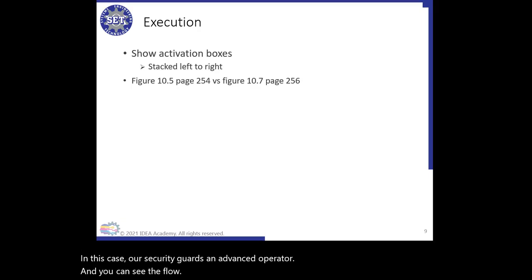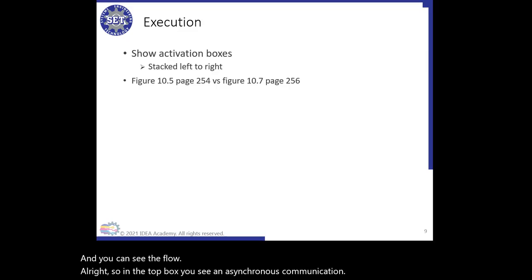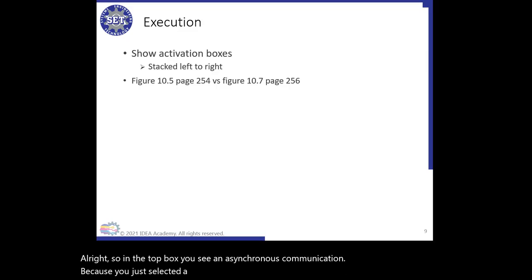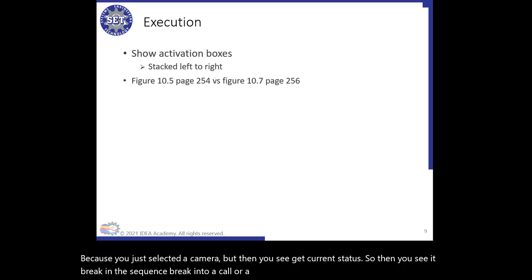In the top box, you see an asynchronous communication because you're just selecting a camera. But then you see get current status, and the sequence breaks into a call, or a synchronous communication, where a response is expected.